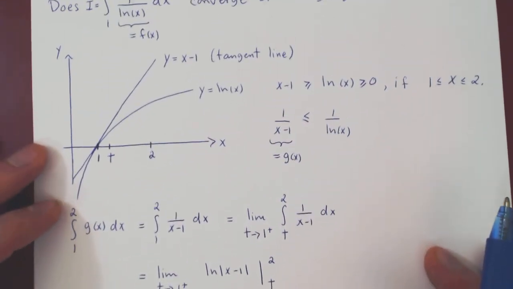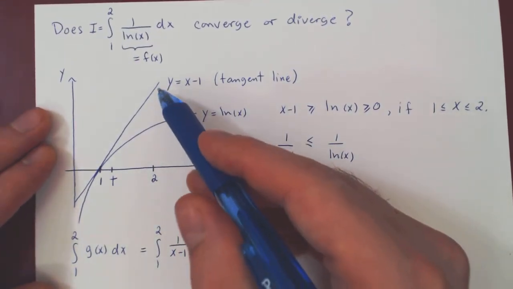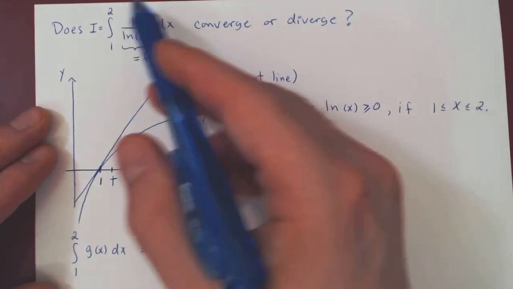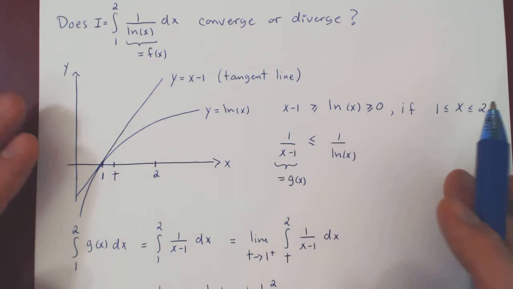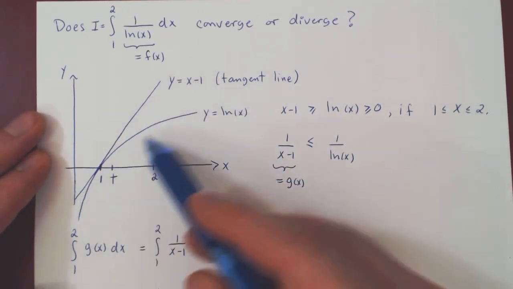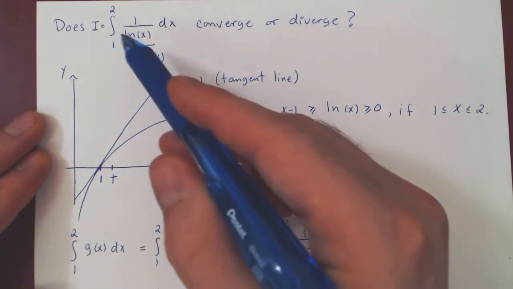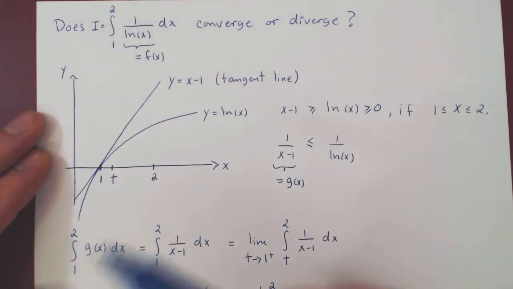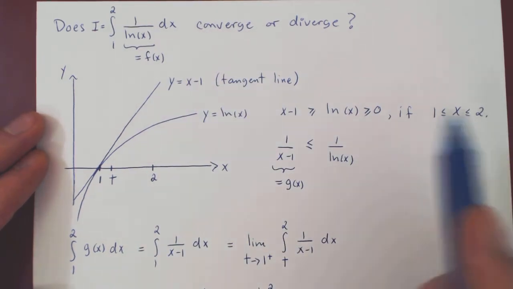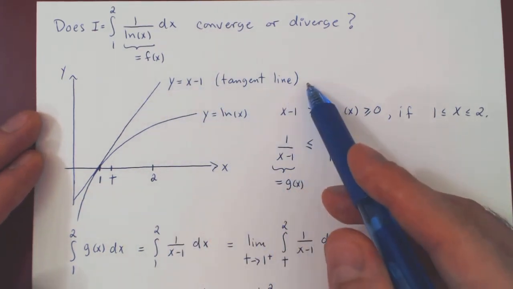But if you don't think of using the tangent line, you're going to have a hell of a time here. So a beautiful example of how we can use the idea of a tangent line to a function in a particular example of determining whether an improper integral converges or diverges. So just a beautiful application of the tangent line.